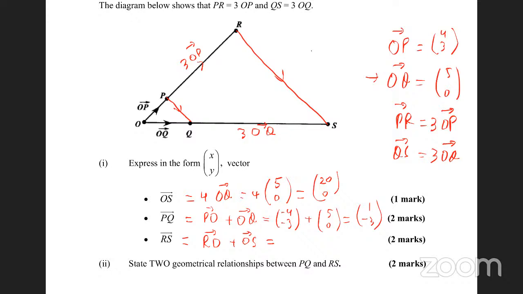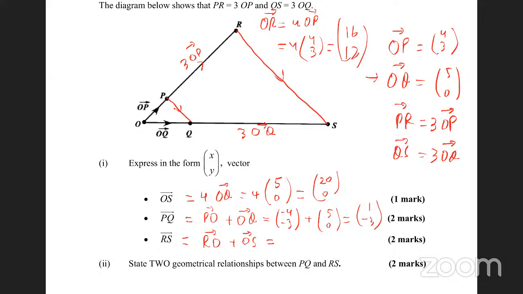Right, so remember, we didn't really work out OR. We worked out OS. OR is how much, Jared? Right, so OR is 4OP. That whole line is 4OP, so that's 4 by (4, 3), which is (16, 12).